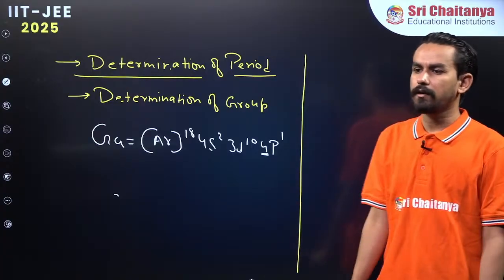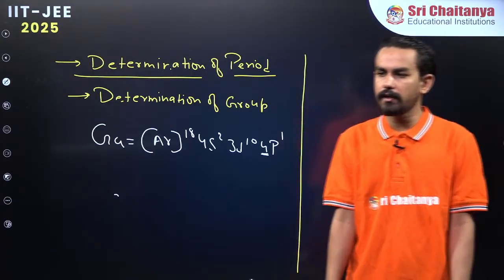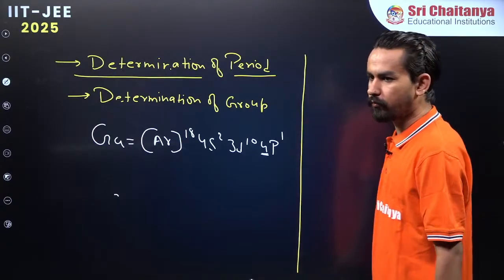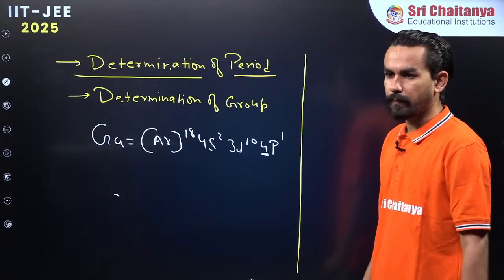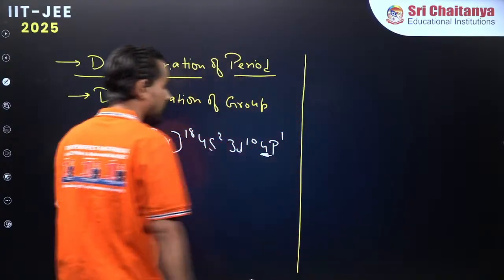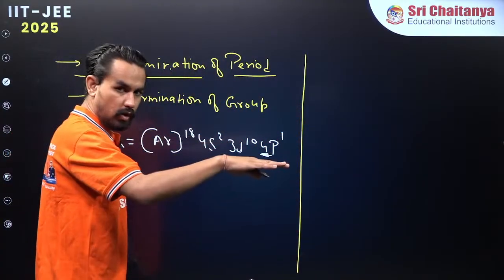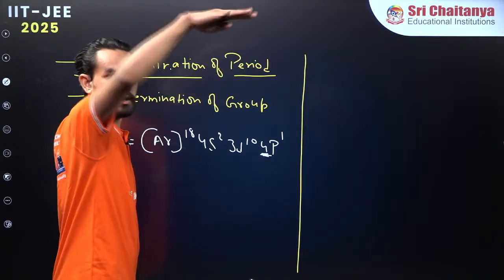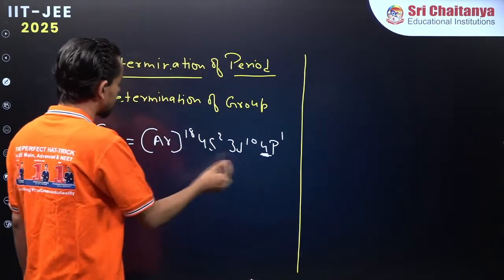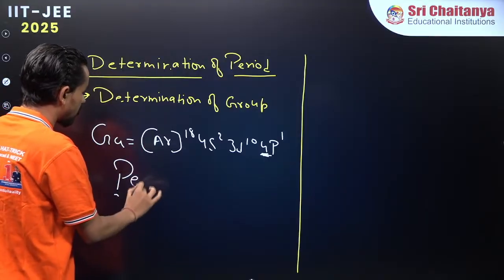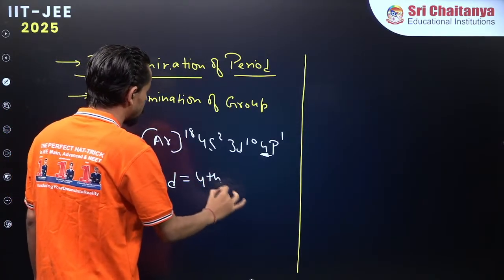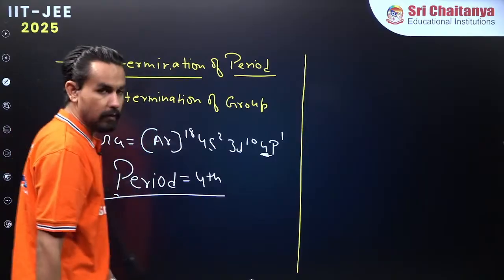D is a subshell. F is also a subshell. Fourth shell, 4 is higher than 3. n is equal to 1, n is equal to 2, n is equal to 3, n is equal to 4. Higher shell we are talking about. So highest is fourth, so obviously its period will be fourth.